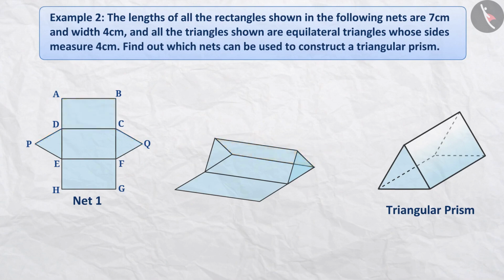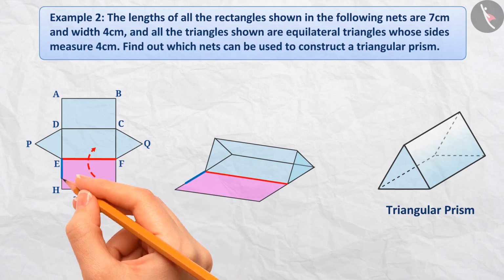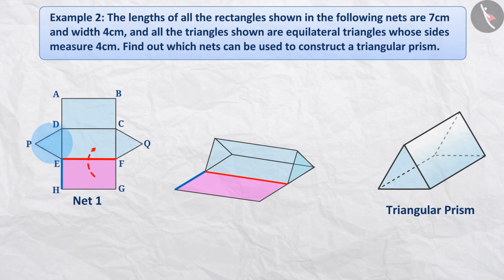Similarly, we will fold the rectangle EFGH along the side of EF in such a way that its side EH is attached to arm PE of triangle PED and the side FG is attached to the arm QF of triangle QCF. In this way, we will get a triangular prism.